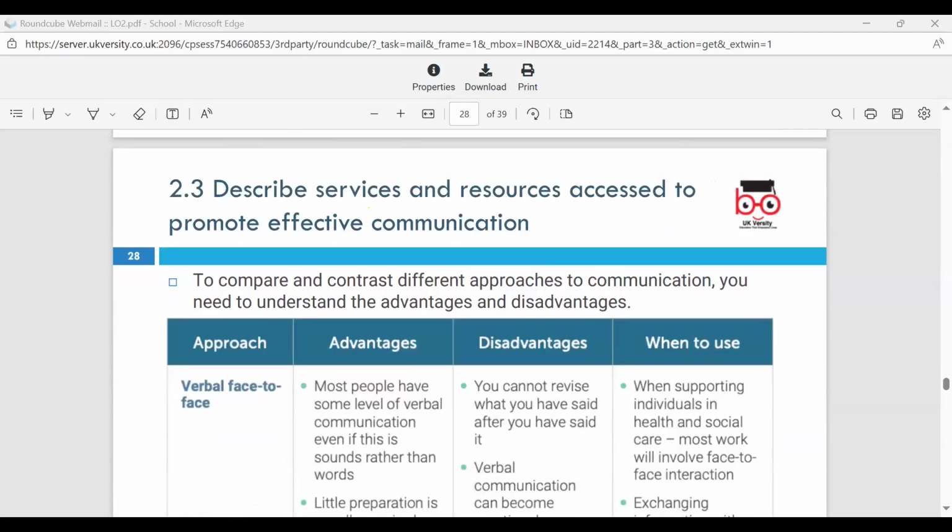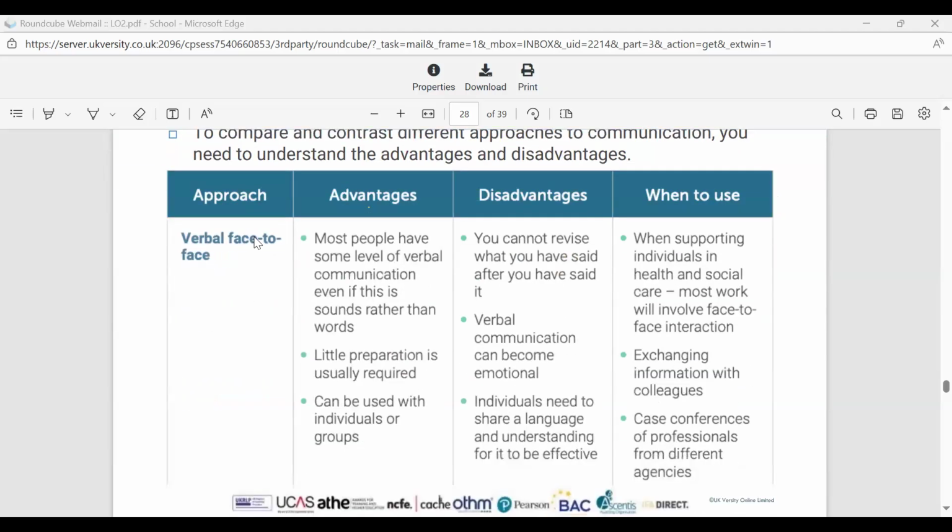Describe services and resources accessed to promote effective communication. Services and resources to promote effective communication include things like face-to-face professional support. It may be resources. So this goes through verbal, face-to-face, which we've looked at, the advantages and disadvantages, and when to use it. Most people have verbal communication.